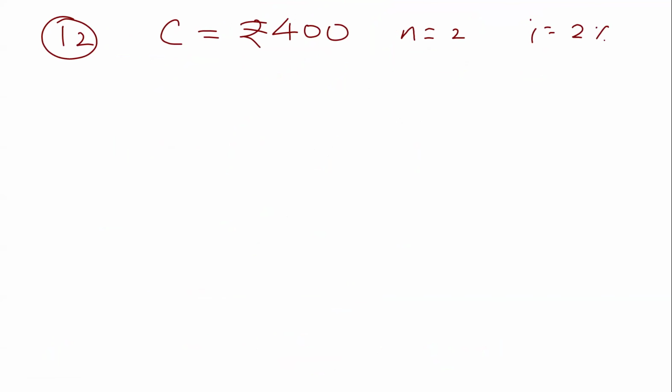And this value is 1 minus 0.7350. 8100 into 1 minus 0.7350. If you subtract this, 0.2650.